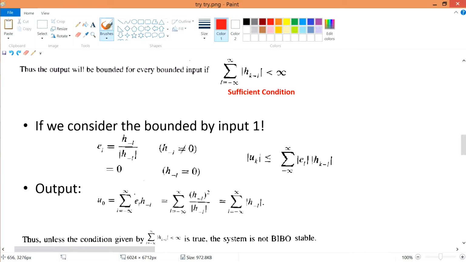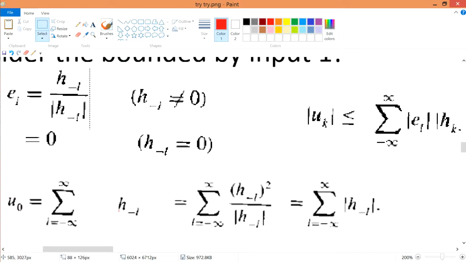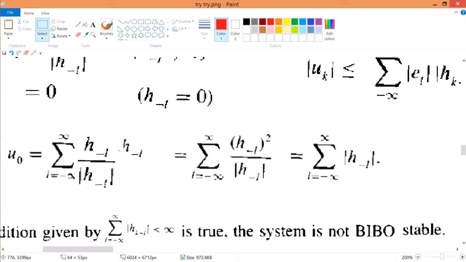Next, if you sub in your EL as equal to this thing, instead of EL, I will have H minus L divided by the magnitude of H minus L. If I replace my EL with this and paste it over here, H minus L times H minus L gives H minus L squared.